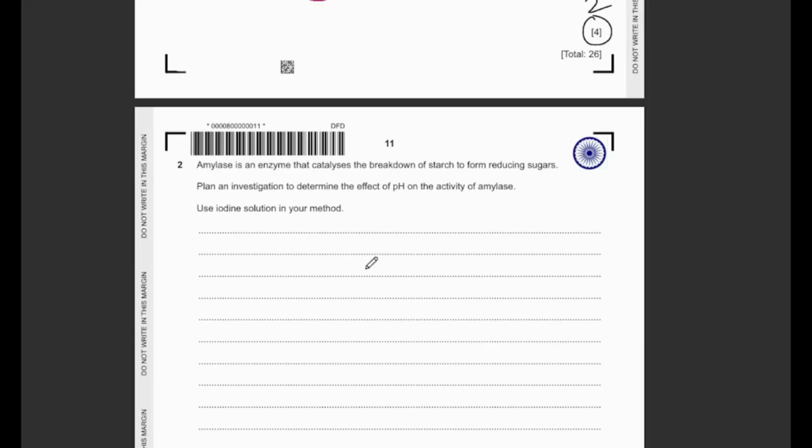Okay, so now the investigation is to determine the effect of pH, and the activity of amylase we have to see. This keyword why I have underlined, you'll get to know. So, amylase will help in breaking down the starch to form reducing sugar. That's a statement. We have to plan an investigation and use iodine solution in your method.